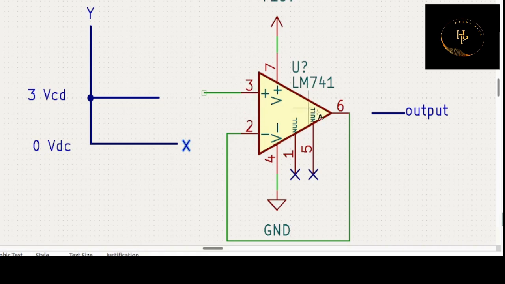For that the output voltage is 3, because this op-amp tries to make both pins the same voltage through the output, that means the output must be 3, because this op-amp tries to make this pin, I mean the non-invert input, 3 volt. So we can get 3 volt here. That is a voltage follower circuit.